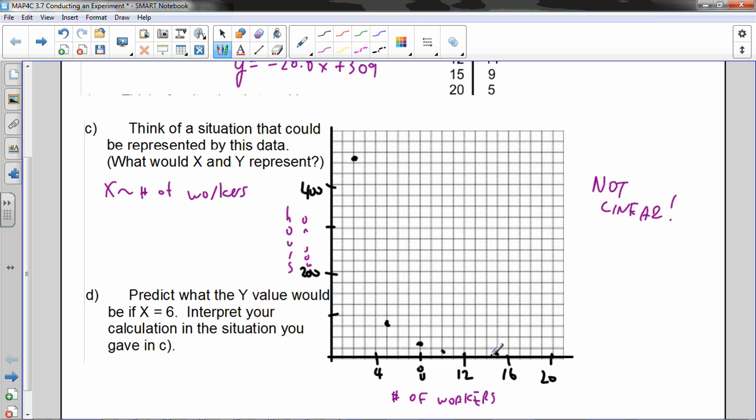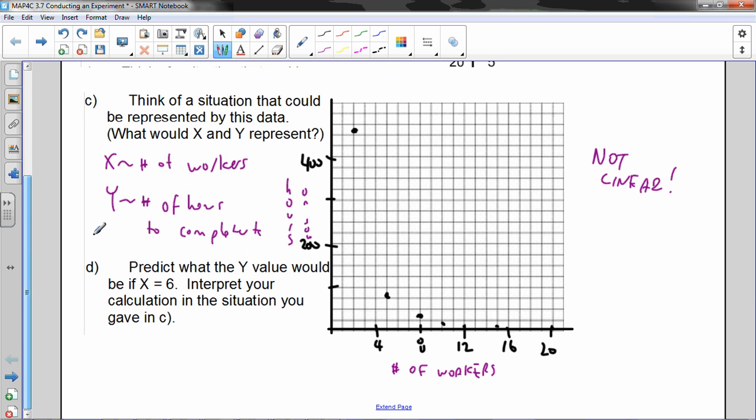Because if I had more workers, they could complete it much faster, right? So it would make sense that it would go downhill like this. You could probably think of other ones that match this.